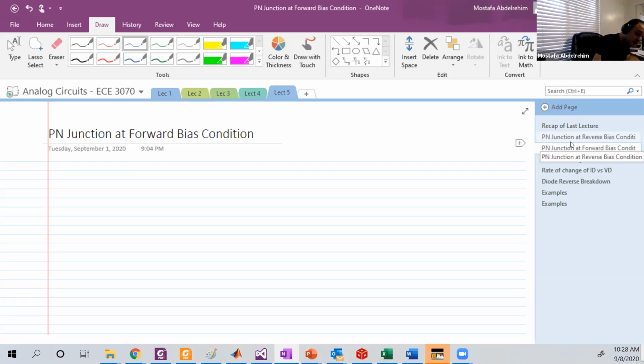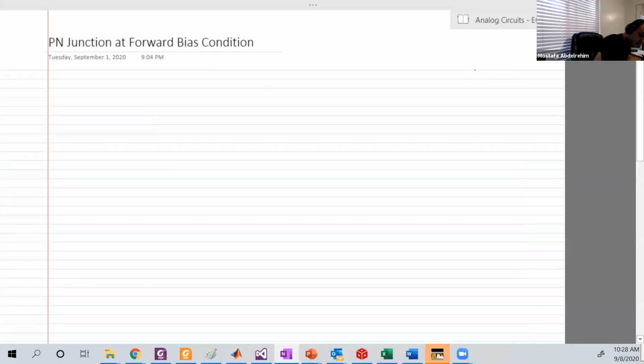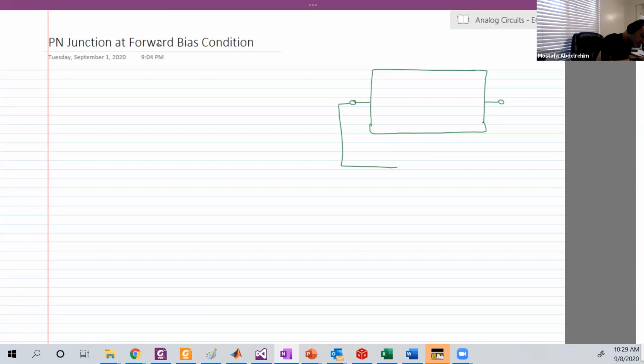Okay. In the forward bias condition, we have the same junction, but now I will connect the battery in the opposite way, opposite to reverse.